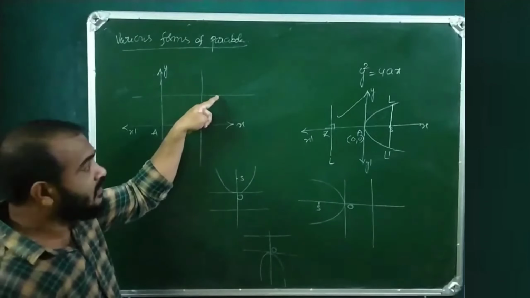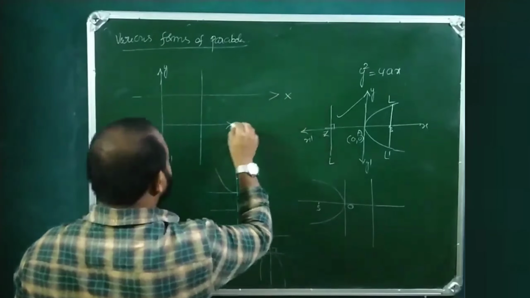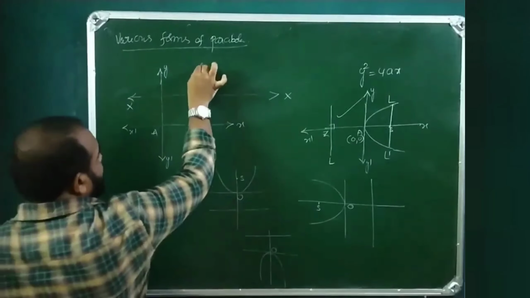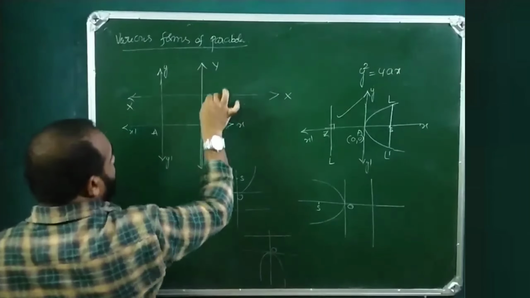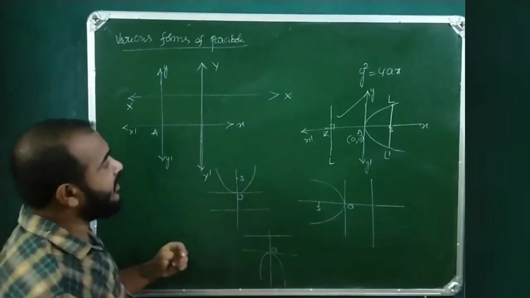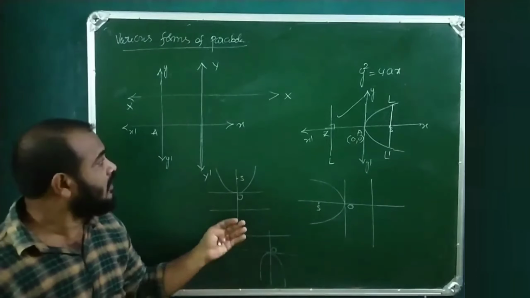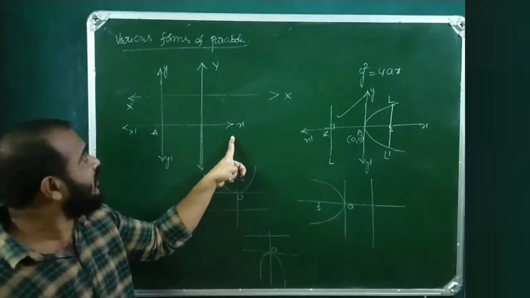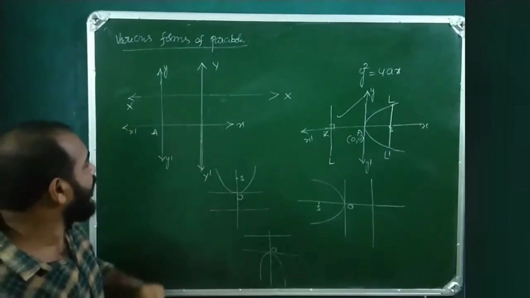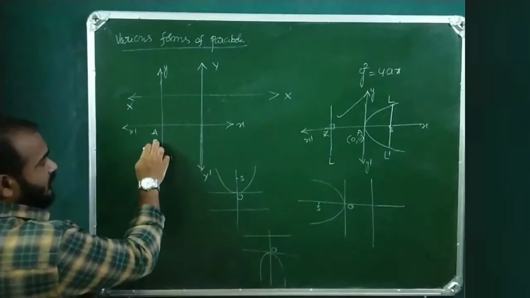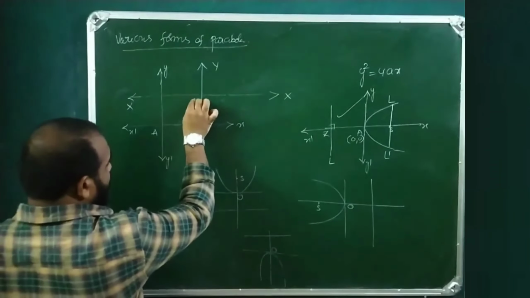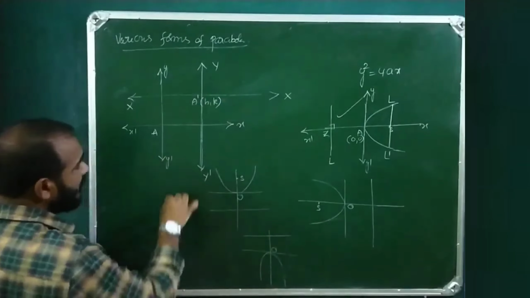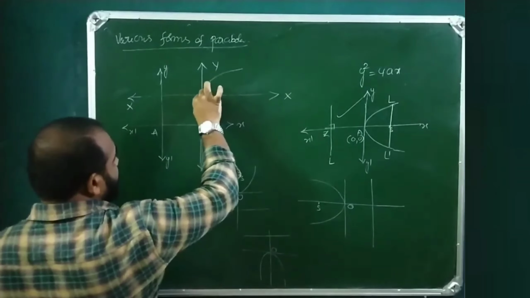This line is the fresh new axis capital X, and this line is a fresh y axis capital Y. Here I did not change the direction, so capital X is parallel to small x and capital Y is parallel to small y. This origin I shifted to some other point which is A dash h comma k. Now the parabola is this.